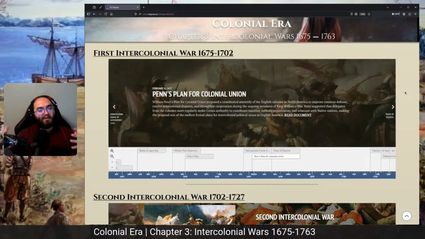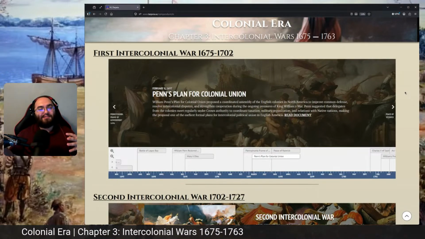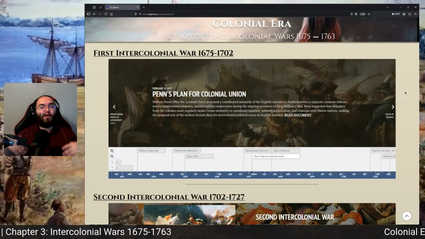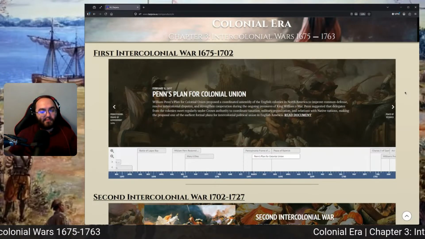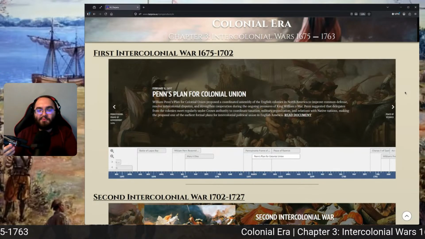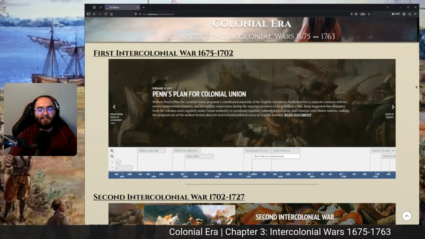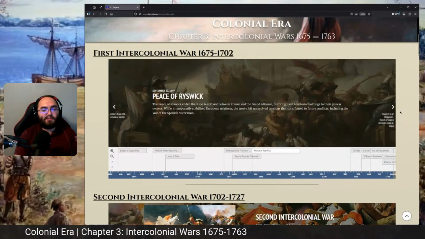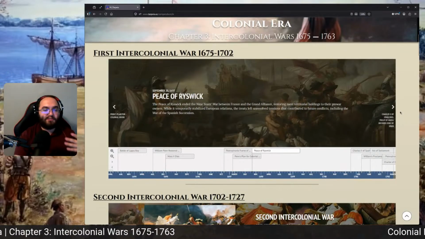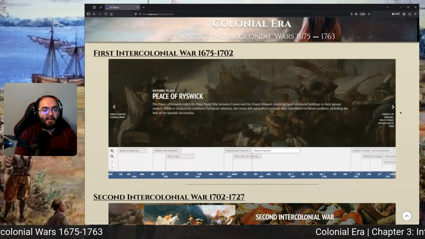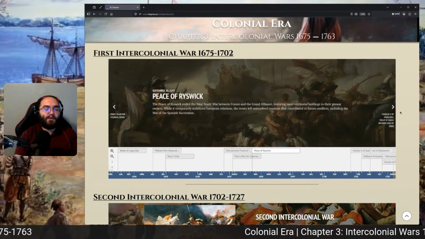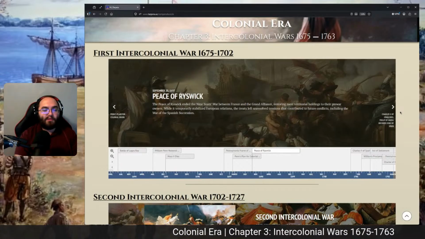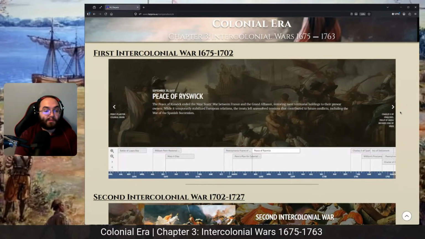But they don't want the King or Parliament to tell them to work together. They want to work together on their own terms. And so that's just an interesting aspect of the relationship between the colonists and Parliament, but also the colonists and other colonists. And you have the Peace of Ryswick, which will end King William's War.